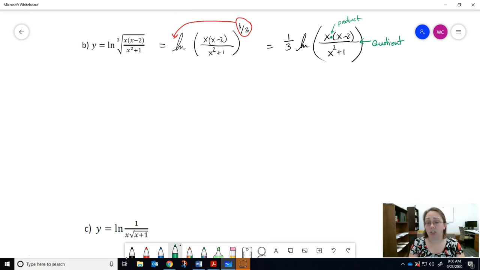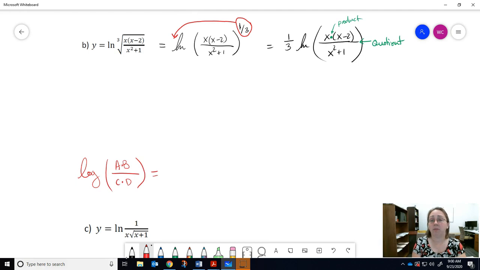Well, what I would like to do is present to you a trick. Remember, log and ln are the same thing, they're both logarithms, just different bases. If you have a situation where you have products and quotients in the same problem, there's a little bit of a shortcut to figuring this out.